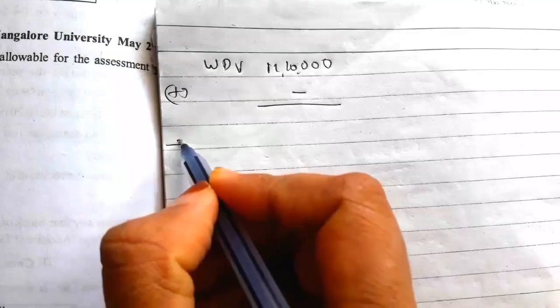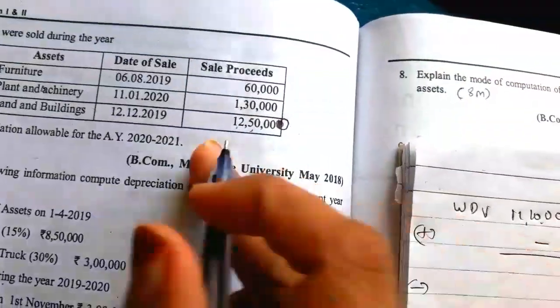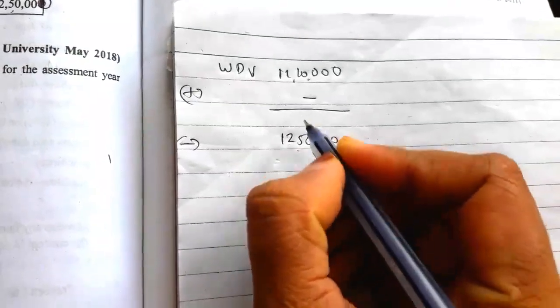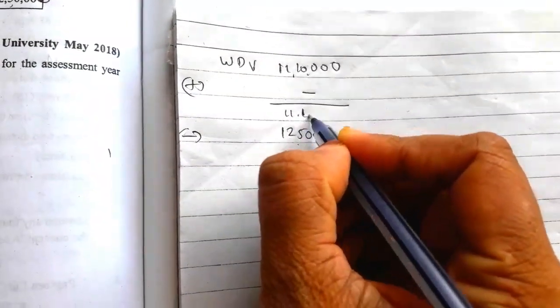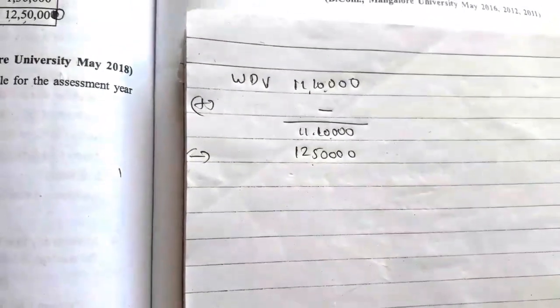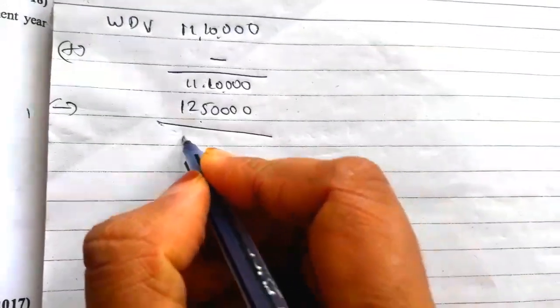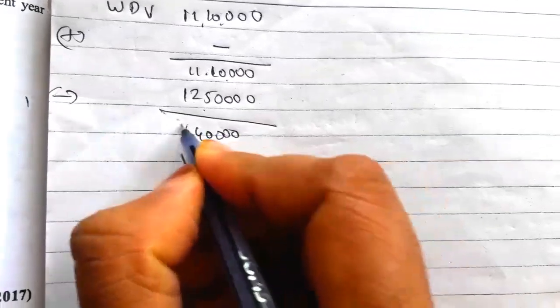Then sales of rupees 12,50,000. So 11,10,000 minus 12,50,000, we get 1,40,000 negative value.